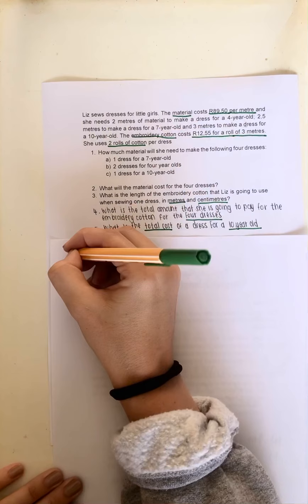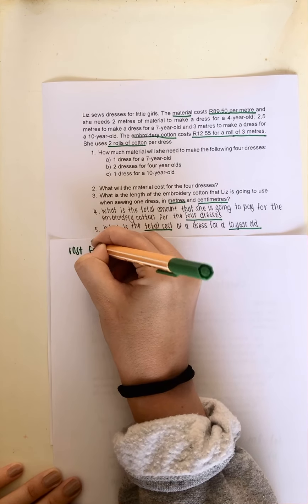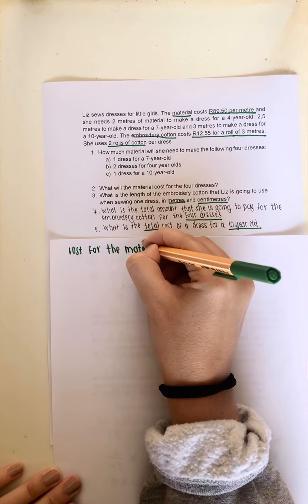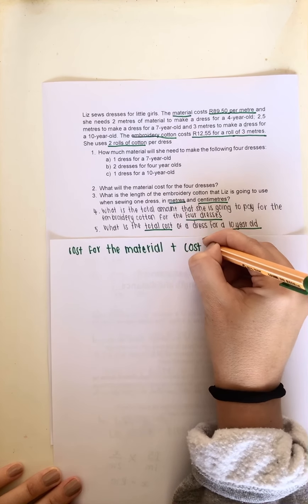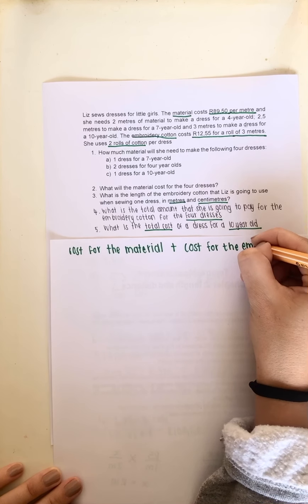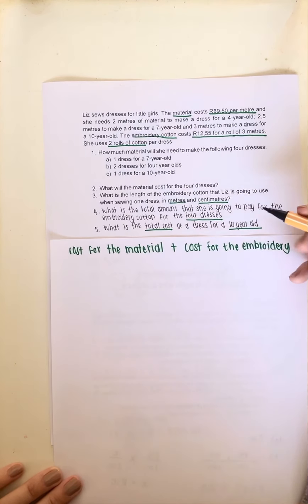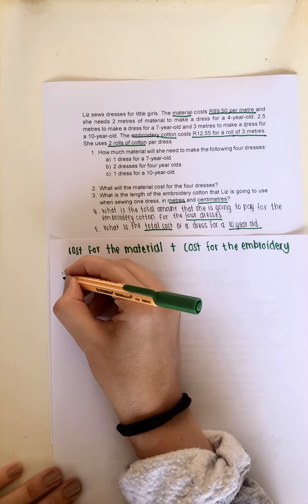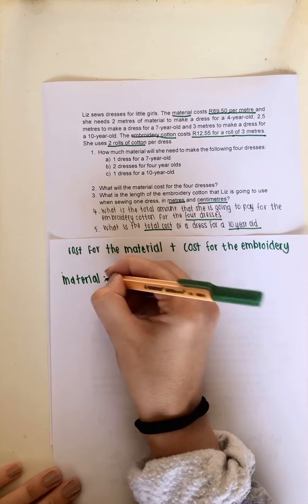You've got the cost for the material, and then you have the cost for the embroidery cotton, and that will make up your cost for a dress. So let's first do the material.